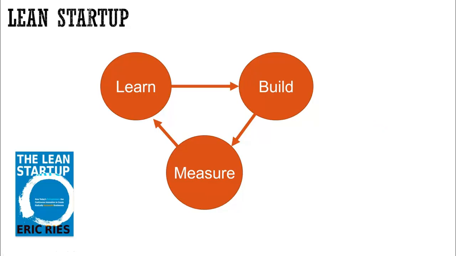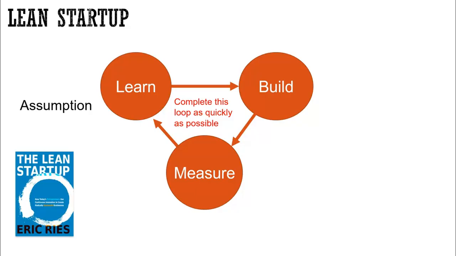The last concept we're going to learn about is the lean startup, which is from Eric Ries' book. He's talking about the cycle of learn, build, and measure. One of the questions people ask is, what should I build so that I can measure and then learn? To know what to build or what experiment to do, you start with an assumption.